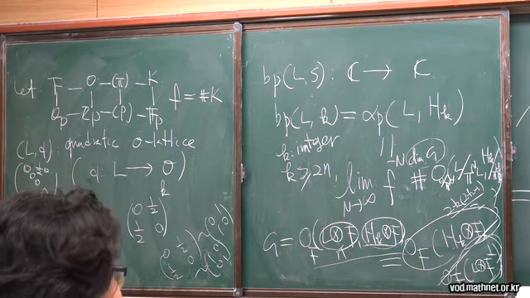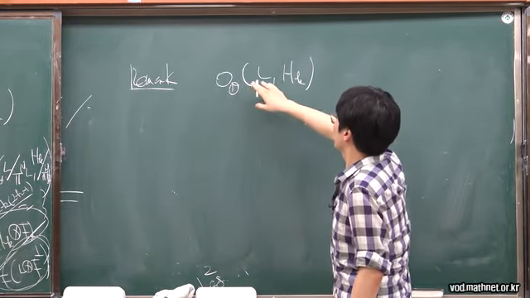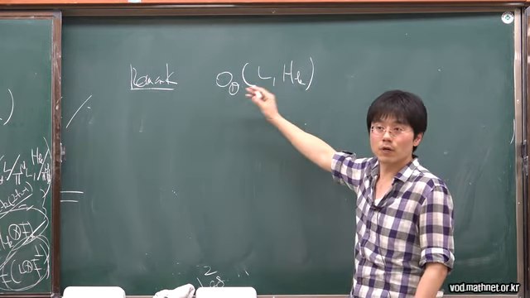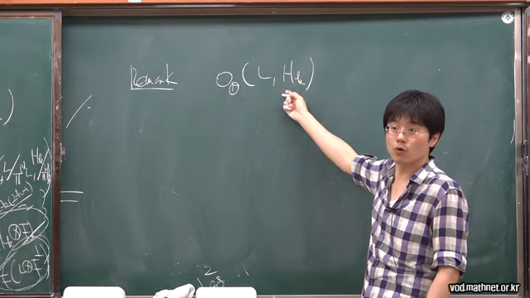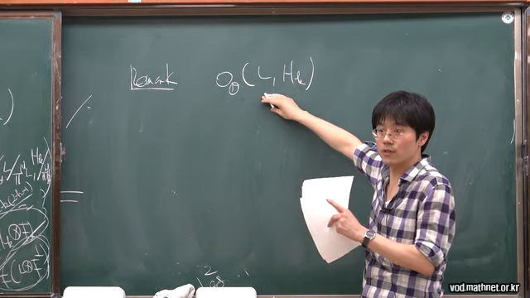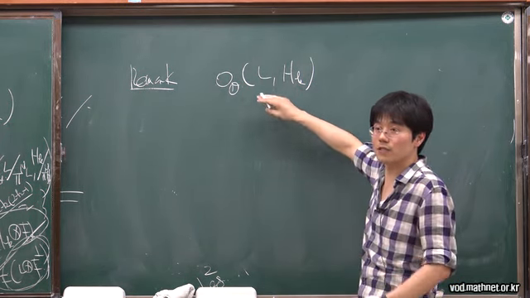On the other hand, I can consider the scheme of embeddings from L to H_k as a lattice. It is clear that this is actually an affine scheme defined over O, because all equations defining these are polynomials. So this is obtained by one single matrix equation. So this is an affine scheme.